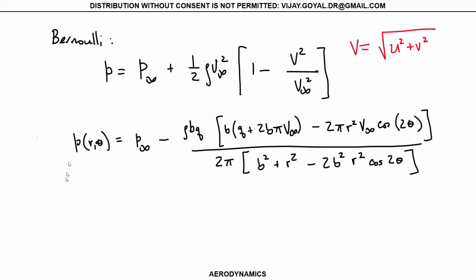You can pause the video if you want to write this, but not necessary because you can do it manually once you have the numbers and everything. But this is a kind of nice expression. And then if you wanted to find the drag, you just have to integrate the whole thing with respect to r and theta.